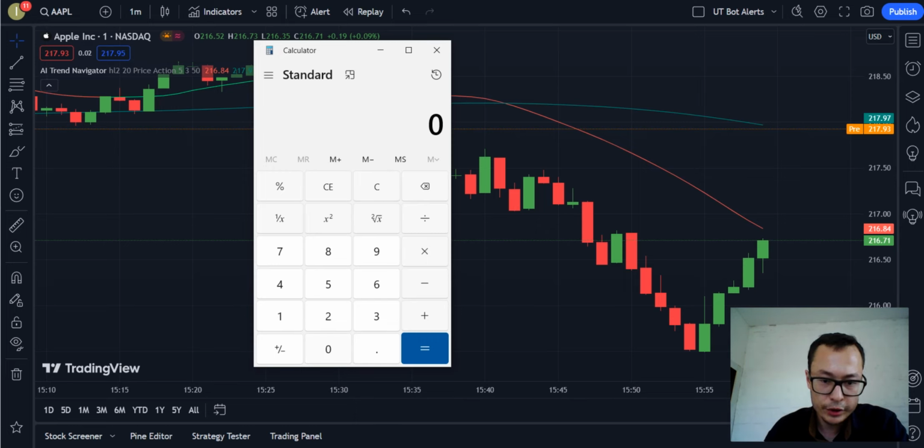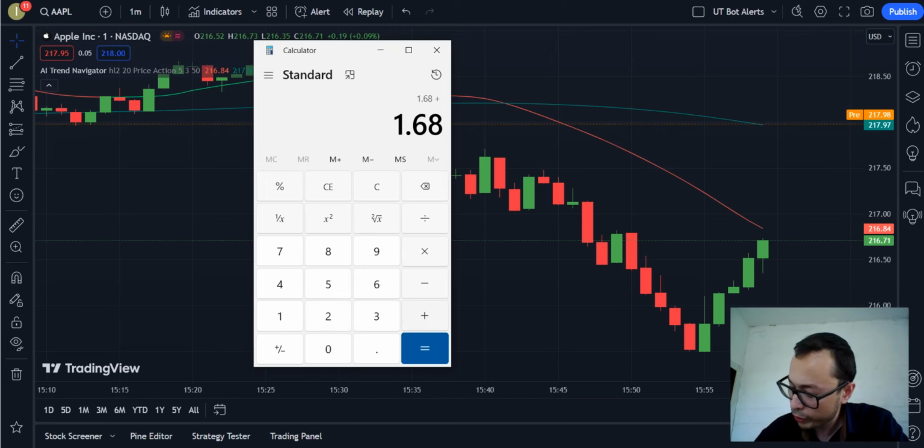As I showed earlier, it was a 0.58% increase. So $1.26 was gained from that initial point. And then the next point at which we sold profitably, we gained 42 cents. So it's 1.26 plus 42 cents.